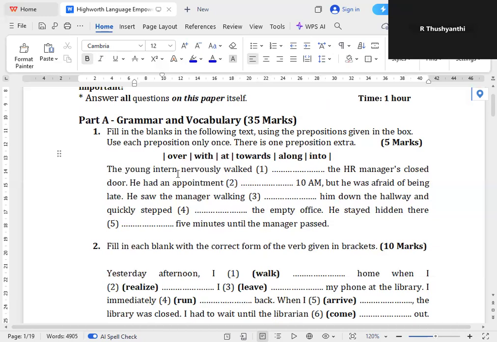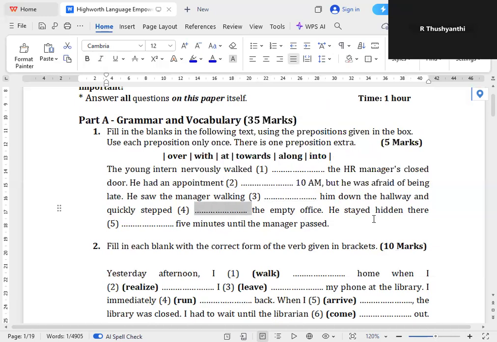So the first one: the young intern nervously walked along the HR manager's closed door. He had an appointment at 10 a.m., but he was afraid of being late. He saw the manager walking towards him down the hallway and quickly stepped into the empty office.